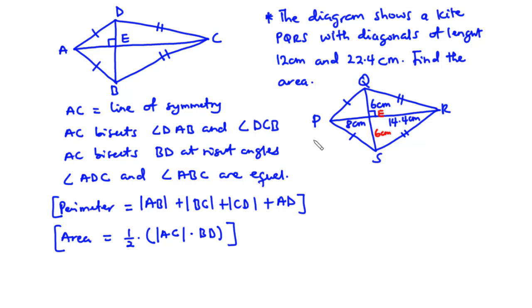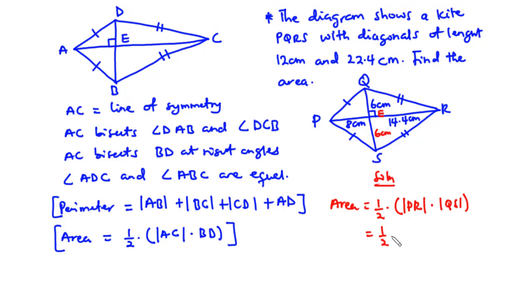So basically, if you want to find the area of this kite, then that's going to be half times the product of its diagonals. So that's going to be half times the length PR times the length QS.